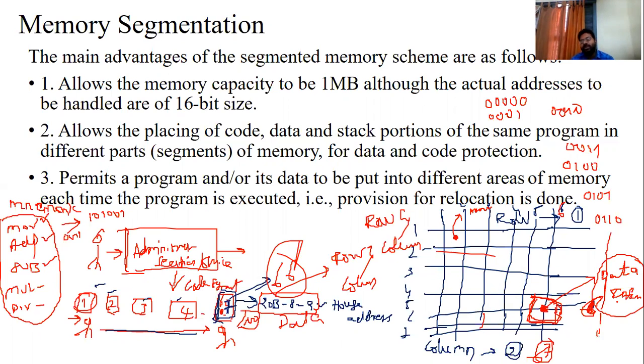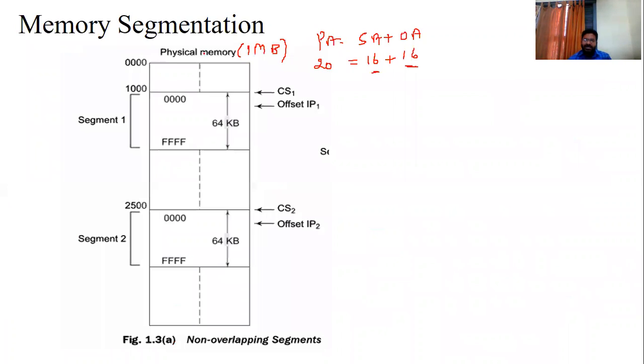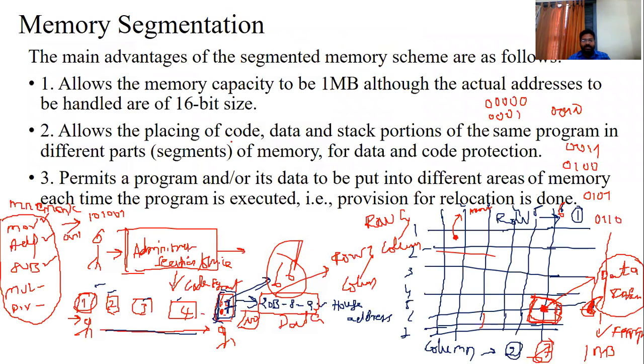Up to how many address locations are there in the microprocessor? 1 MB of memory locations are there, ending at 5F. It is somewhat difficult to identify the entire 1 MB of memory. Suppose you consider the 1 MB memory as rows and columns.